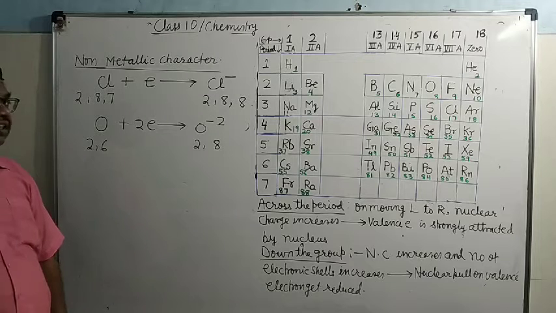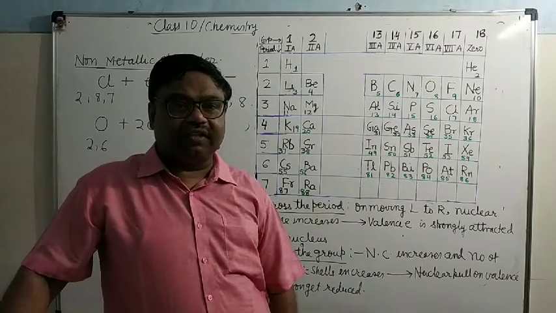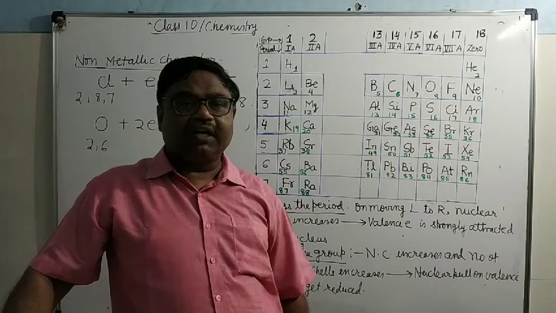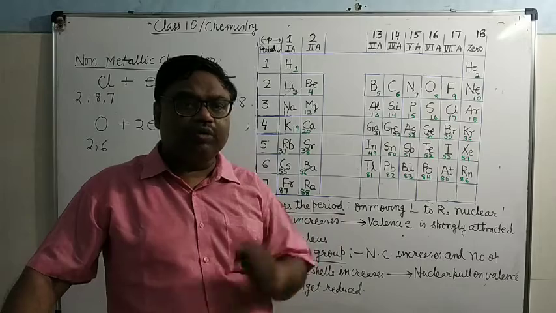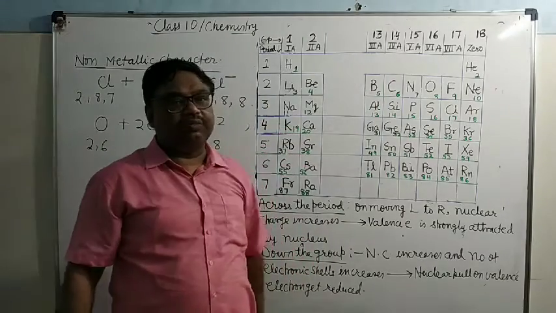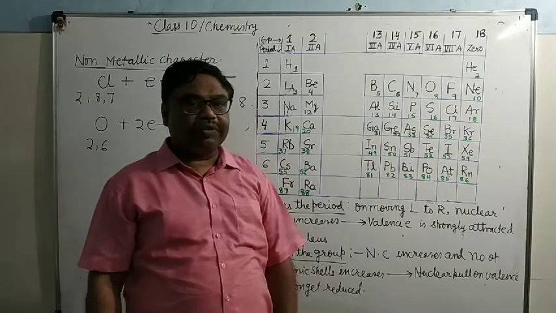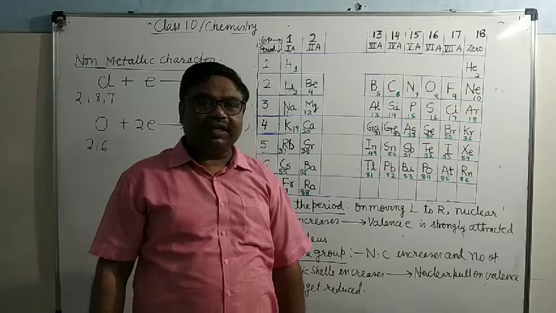You can understand in the other way. Metallic and non-metallic character are two opposite things. So if the metallic character will decrease, so non-metallic will automatically increase. So on moving left to right in any period, what happens to the non-metallic character? It increases.